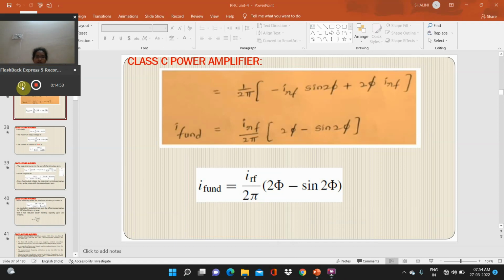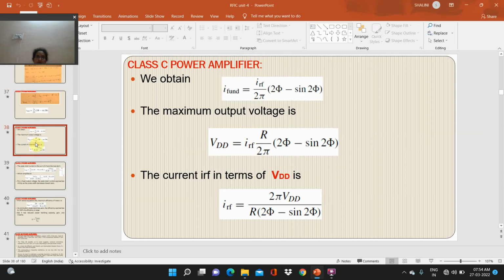Hence, the fundamental current is equal to IRF by 2 pi into 2 phi minus sin 2 phi.